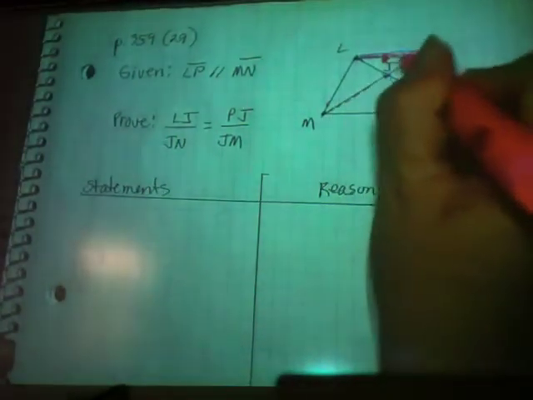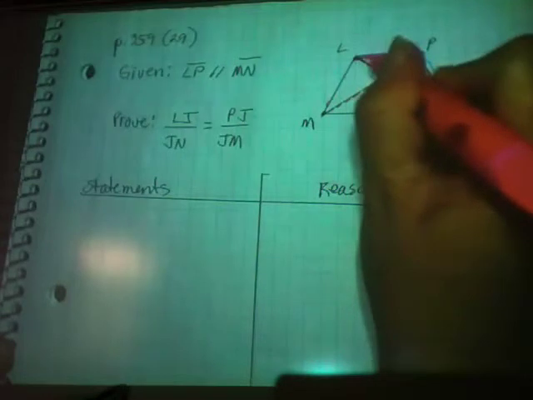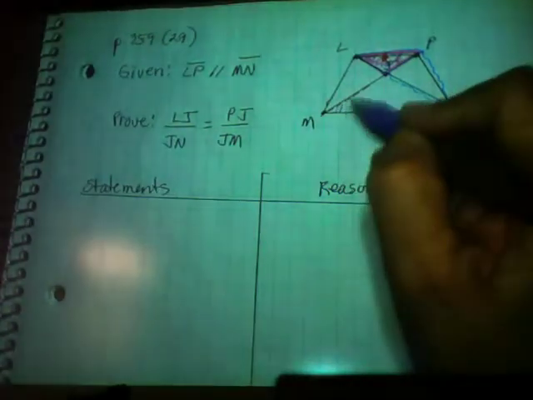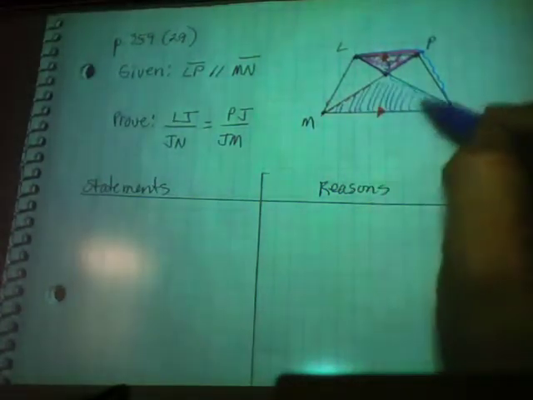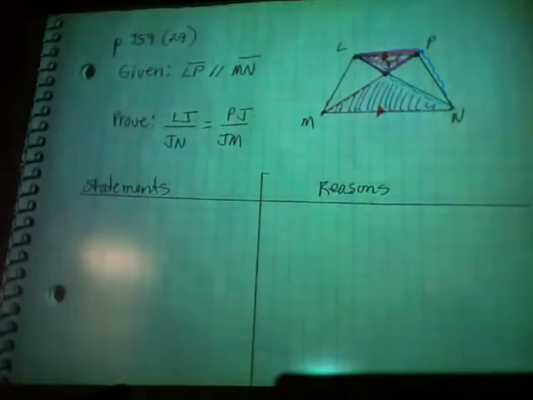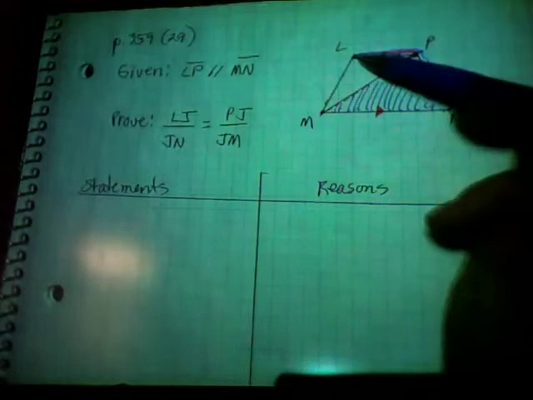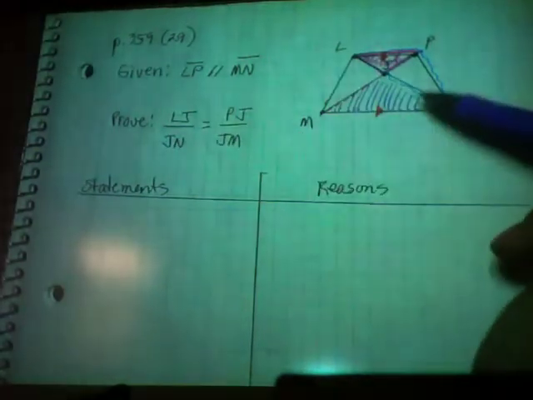This is one. Right? There's one. And then my second one is right here. Isn't that the second one? The only reason why I know that is because I looked at my proof statement. LJ is right here. And JN is right here.